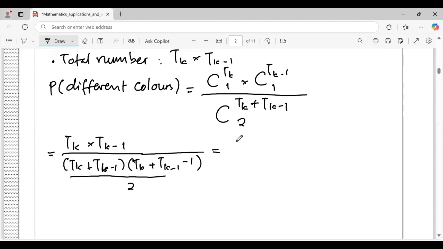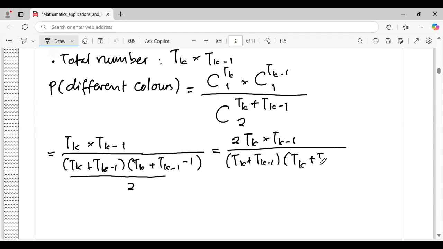So 2 multiplied by this numerator, it becomes 2 Tk times Tk minus 1 over (Tk plus Tk minus 1) times (Tk plus Tk minus 1 minus 1).